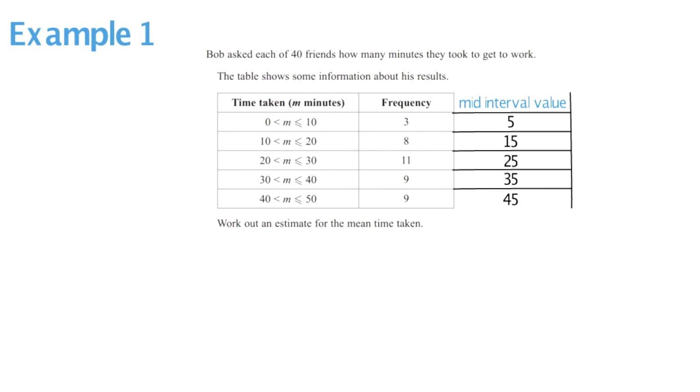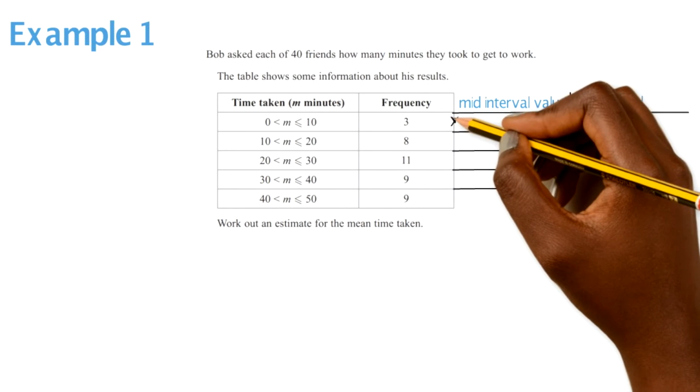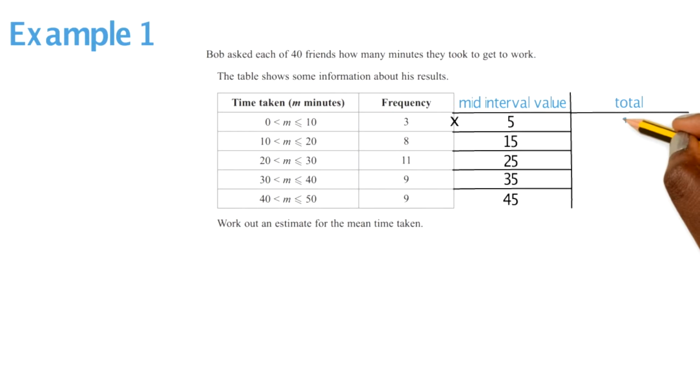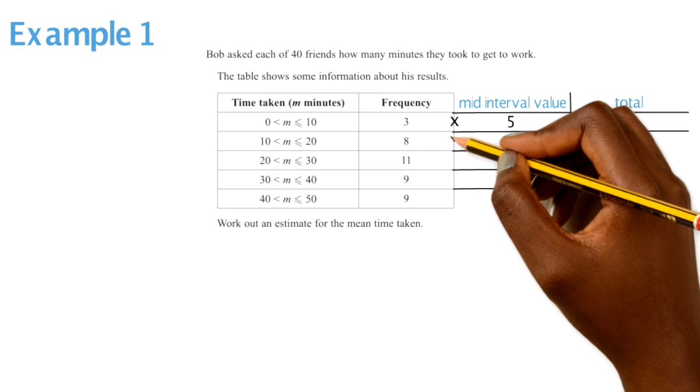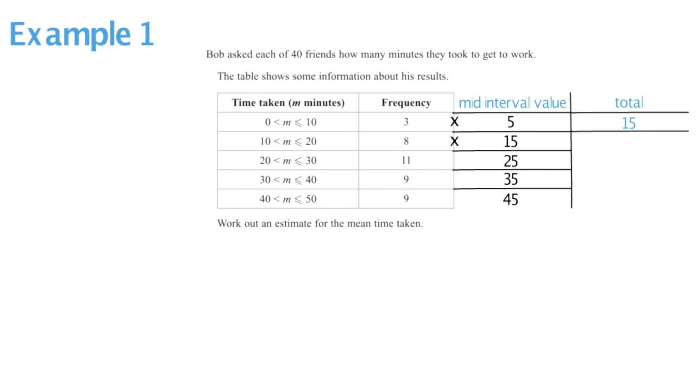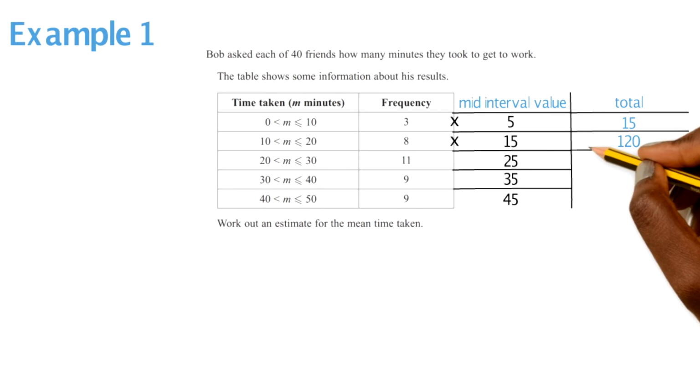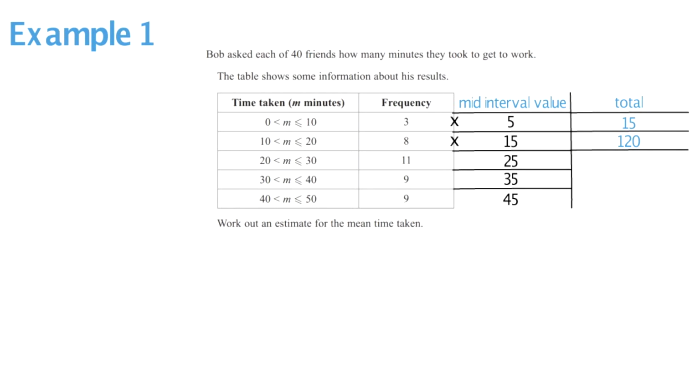So now that we've worked out our mid-interval value, the next thing that you're going to do is you're going to work out the total time taken in each row. So to work that out, it's going to be your frequency multiplied by the mid-interval value. So for the first one, it will be 15, and the next one would be the 15 times 8, and so on. And this is basically like your average time taken for each of the time groups.